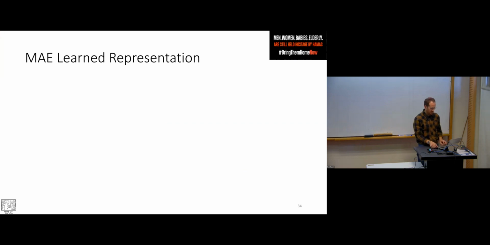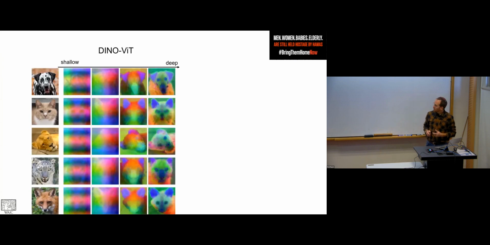Okay, so we talked about DINO, we talked about masked autoencoder, and we want to see if we can get some insight about the learned representation. So with DINO, we saw these PCA from shallow layers to deeper layers, and we see that as we go deeper, we get semantic parts that are mapped to the same region in the feature space.